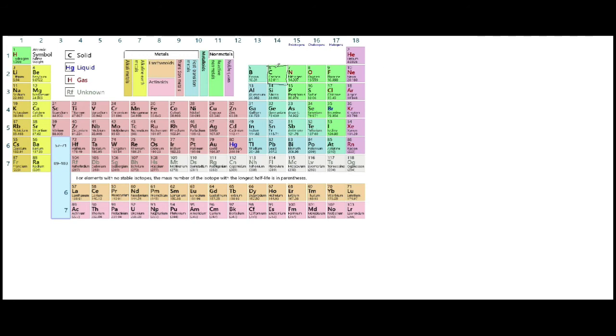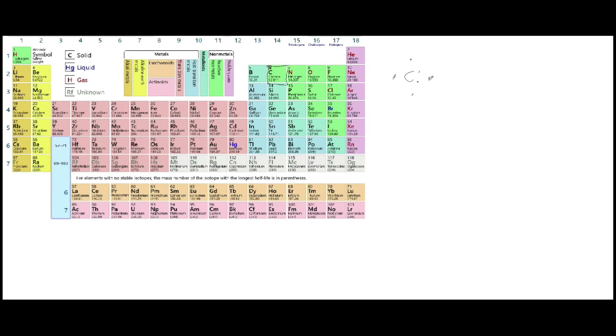So carbon has 6 protons, which means if we want it to be neutral, it needs to have 6 electrons. So it's going to have 2 in the inner shell, then 4 in the outer shell, so that equals 6.